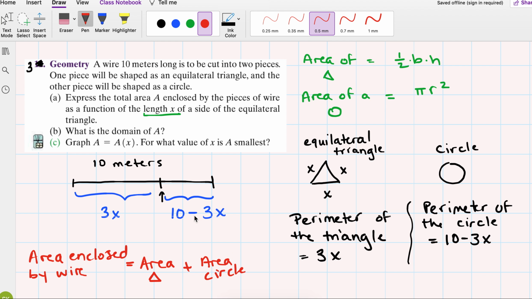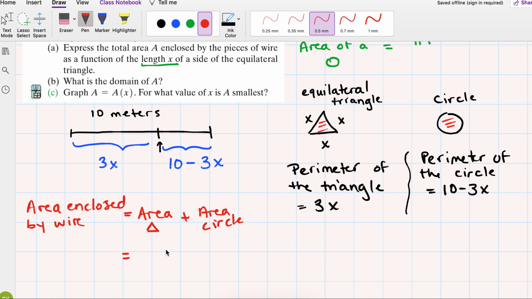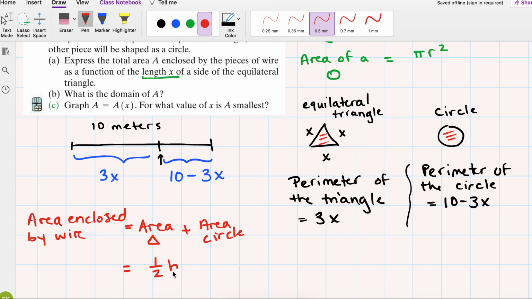Because we want the whole area enclosed by all of this wire, and part of it was right here and part of it was right here. So we're just going to add these two areas up. So it's equal to, well, we said 1/2 base times height plus pi r squared.